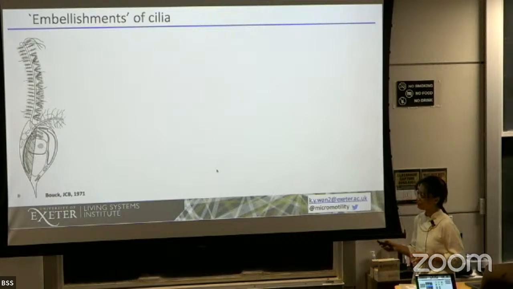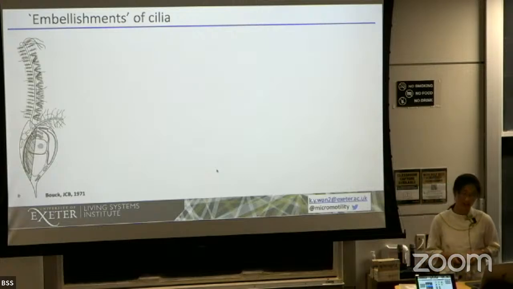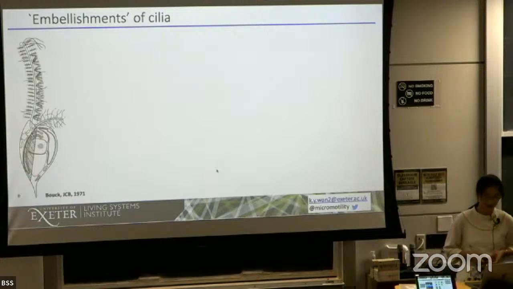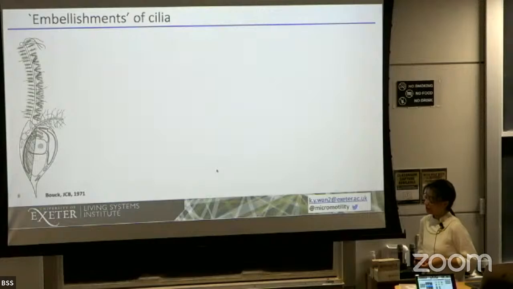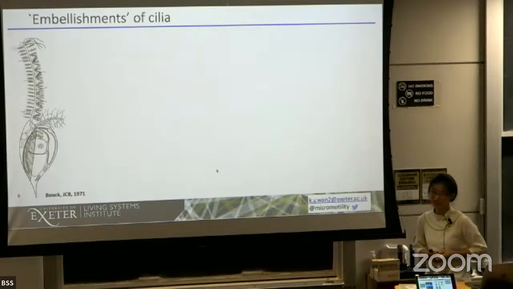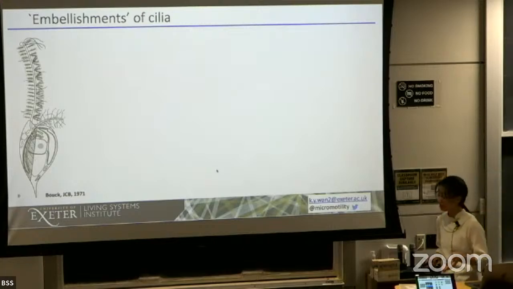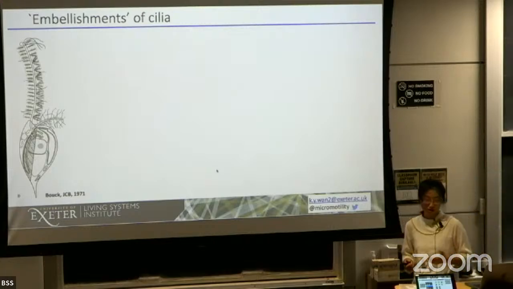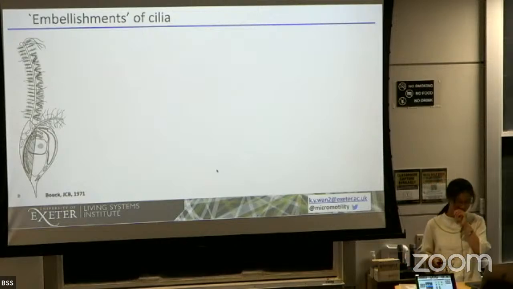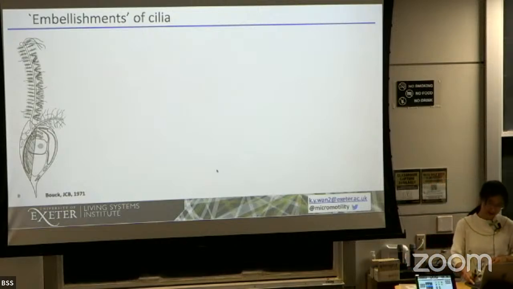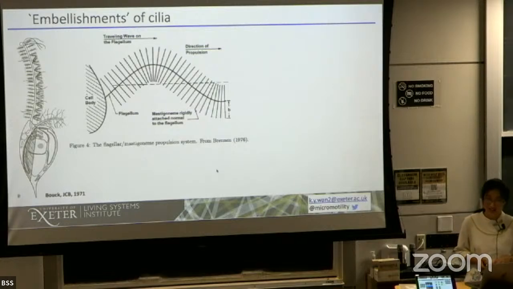Intriguingly, this is an artist's impression of some electron microscopy data, where you can really distinguish all these interesting partitions in the main structure, the main cilium. These are called mastigonemes, and they come in all sorts of flavors. You might think of them as merely extensions to the cilium itself.